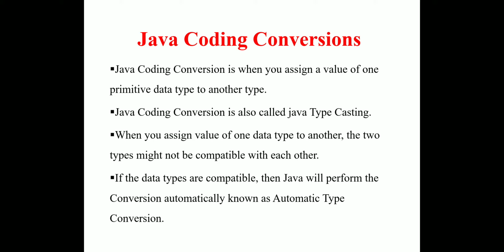If the data types are compatible, then Java will perform the conversion automatically, known as automatic type conversion. Then what is automatic type conversion? If the data types are compatible, it means they are going to adjust with the storage size. Then Java will perform the conversion automatically.